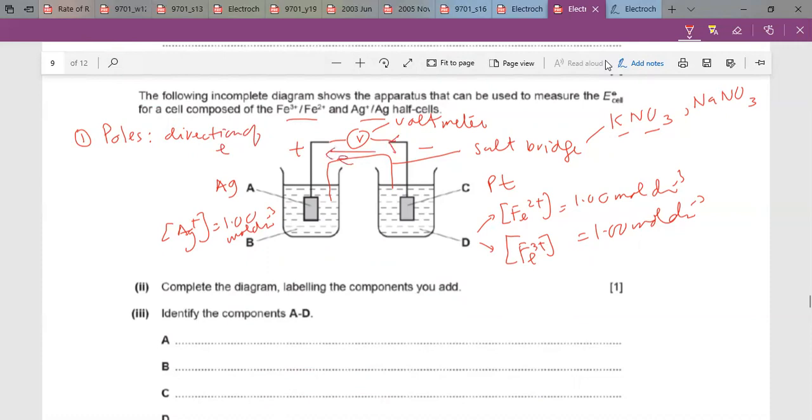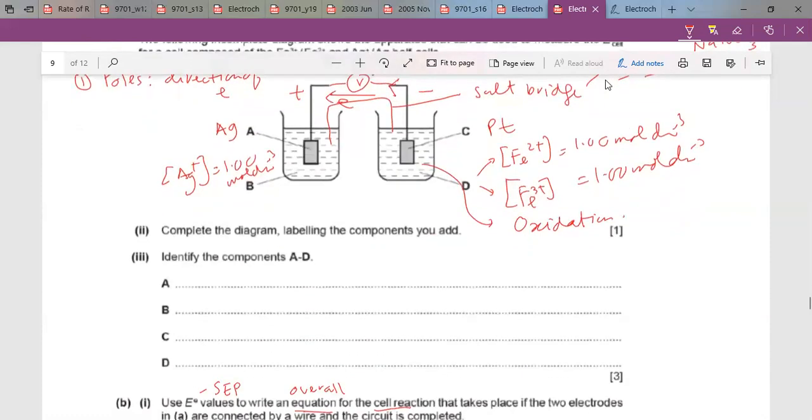So what is happening here is oxidation. What is the reaction? Fe2+ goes to Fe3+ plus electron. I said there are 2 ways to find the E cell.